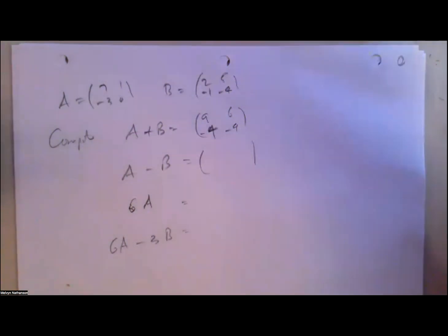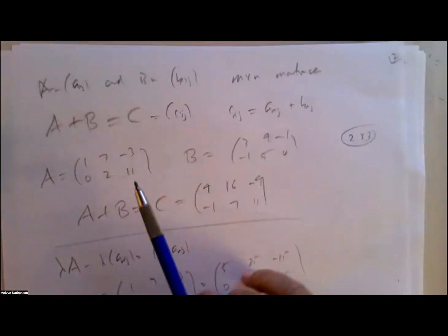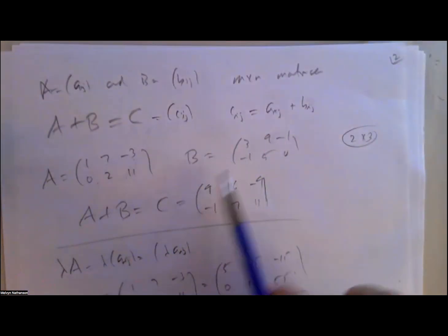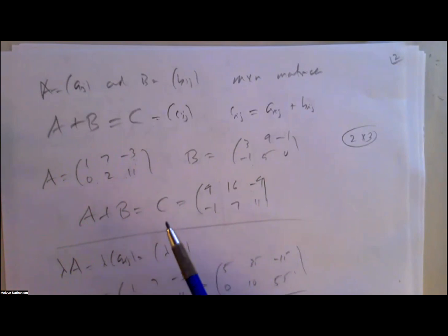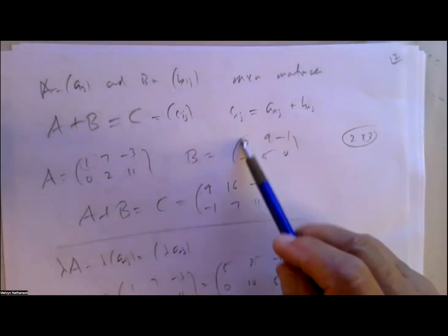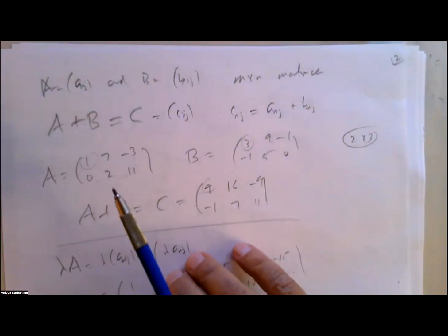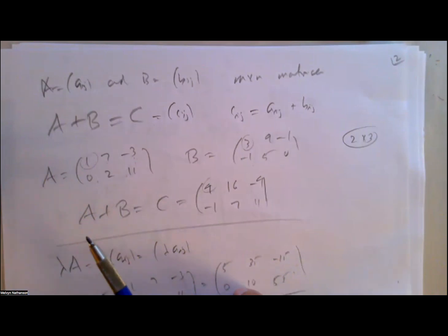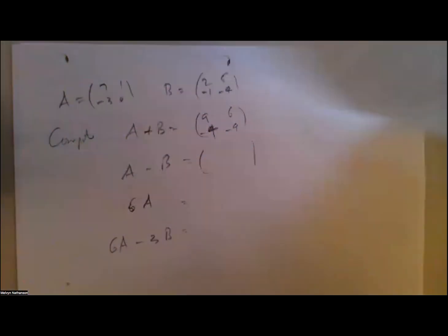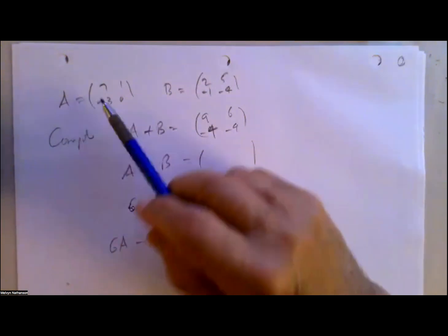You add, just as I did right here in this previous problem, A and B. So A plus B, first coordinate, 1 plus 3 is 4. You add the numbers in the proper places. So I'm adding these matrices.